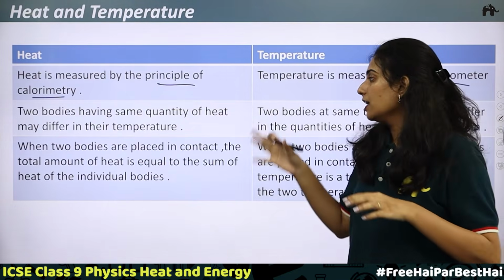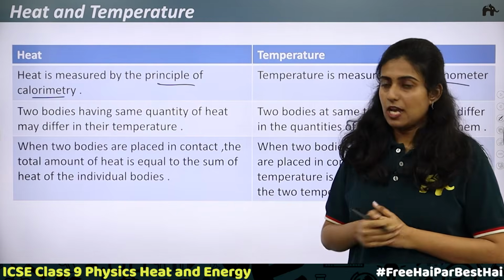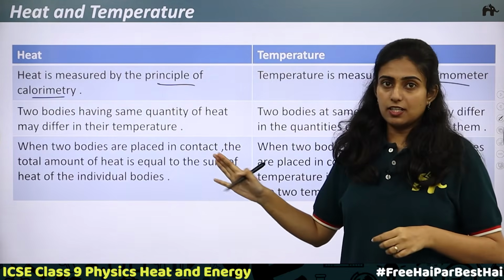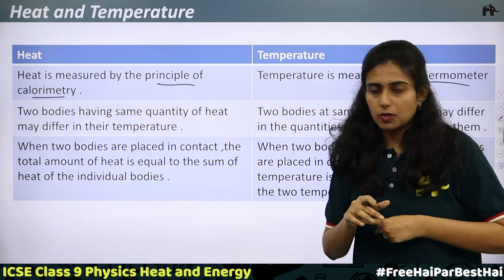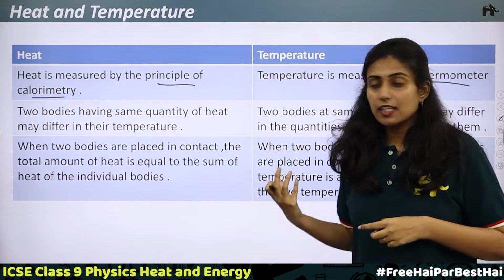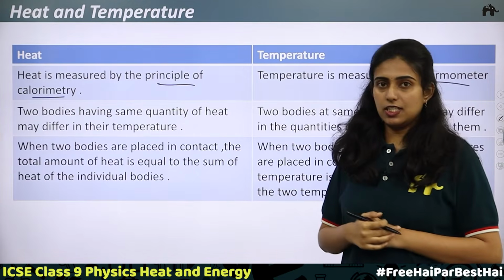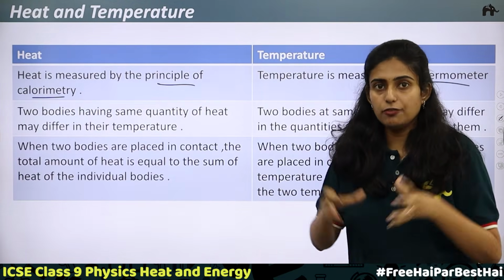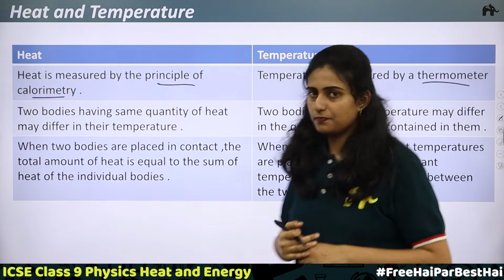Here the two bodies are at different temperatures. But when you take the case of temperature, you have to find the difference to get the total temperature. But when it comes to the case of heat, it is in joules. If you take the sum, you will be getting the total amount of heat.